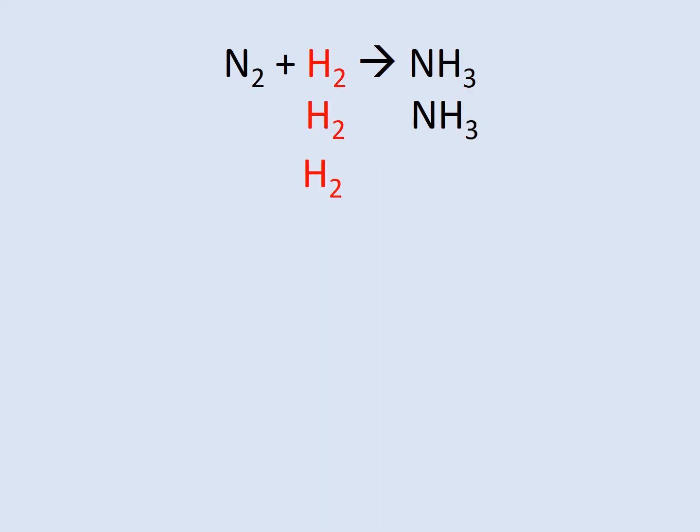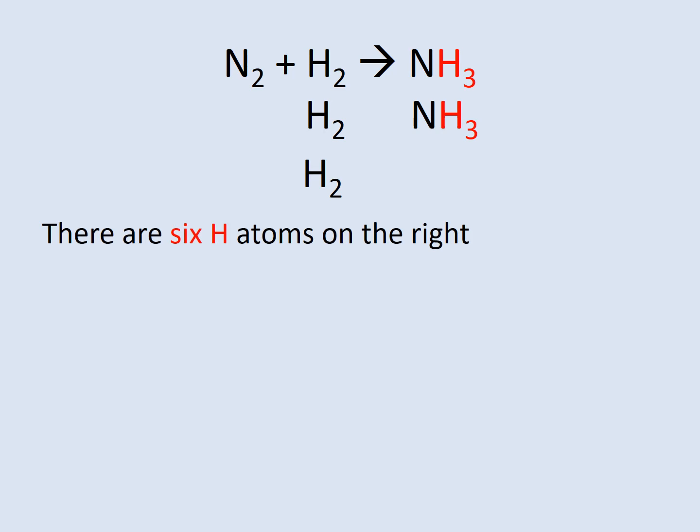Now we've got 2, 4, 6 on the left. We've got 3, 6 on the right. The equation is now balanced. So how do we write that? Well, we've got 1 N2, 3 H2s and 2 NH3s.